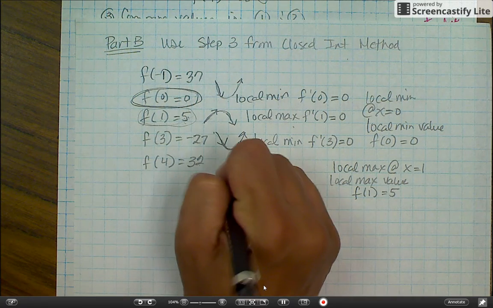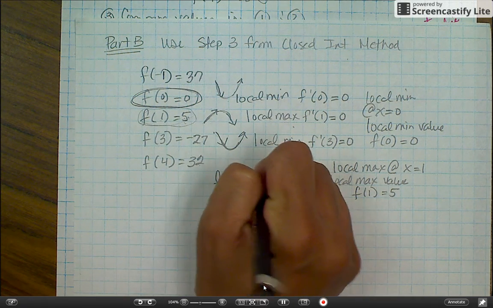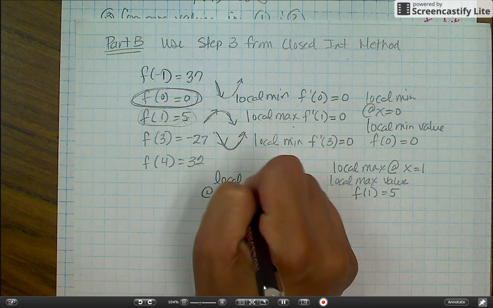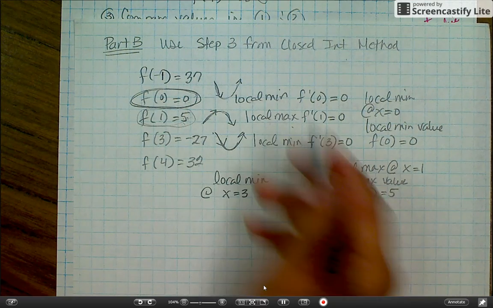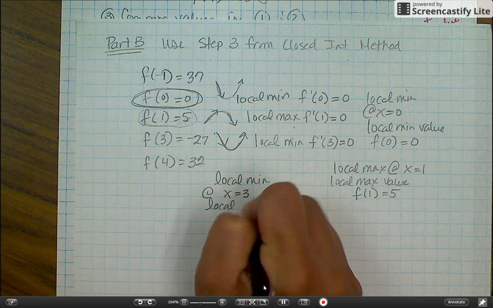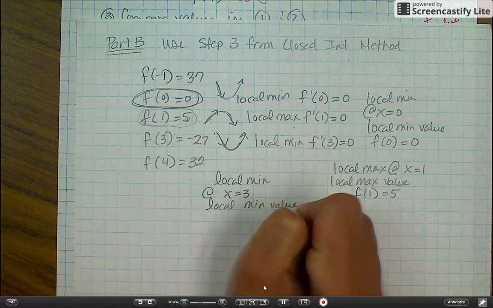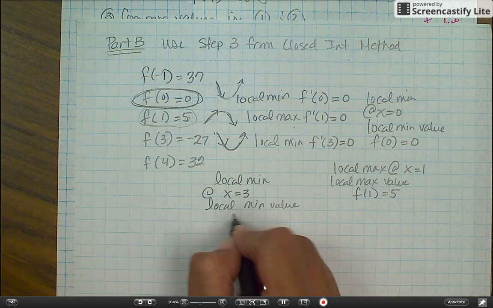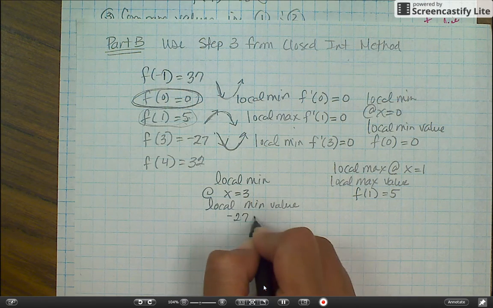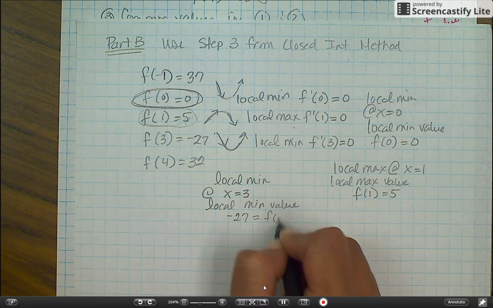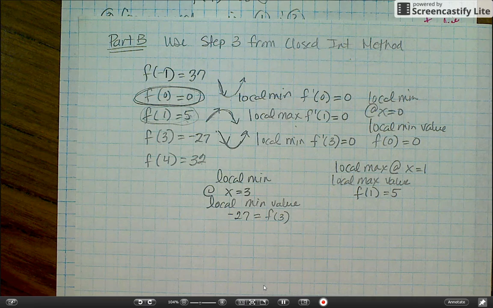So we have another local minimum at x equal to 3, and the local minimum value is negative 27, which is the same thing as saying f of 3. Okay? And that is part B.